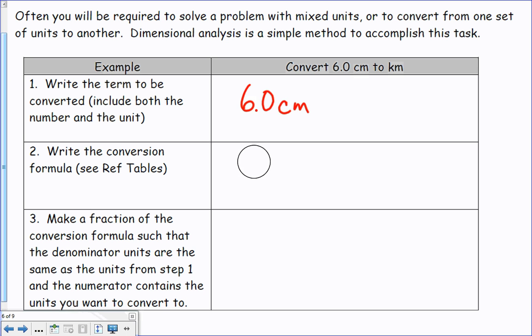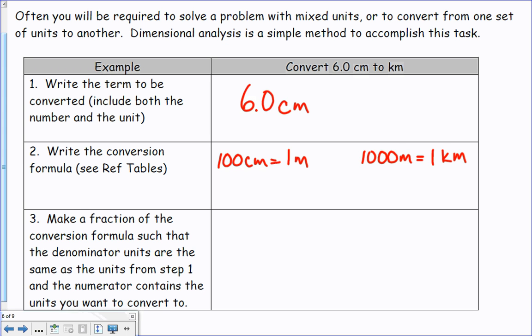I know that 100 centimeters equals 1 meter, and I need to go to kilometers. I also know that 1,000 meters equals 1 kilometer.